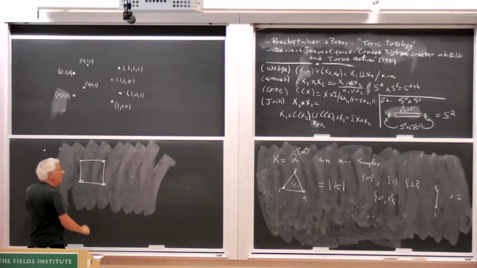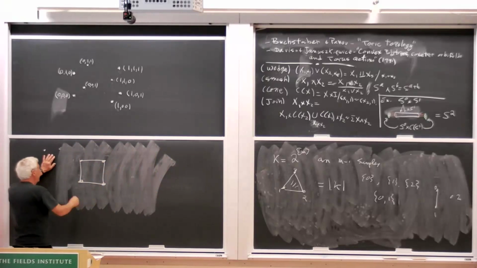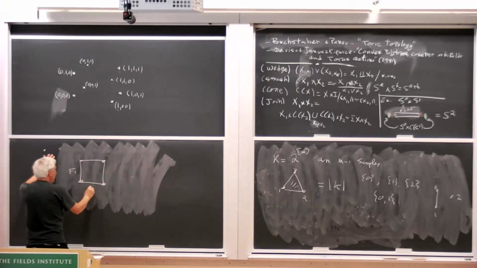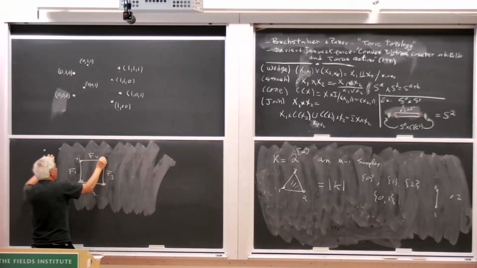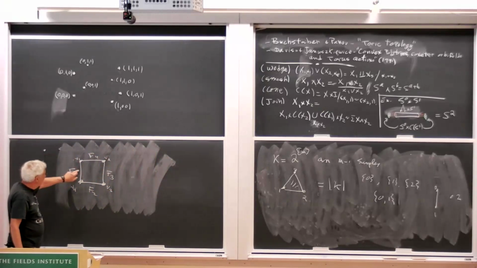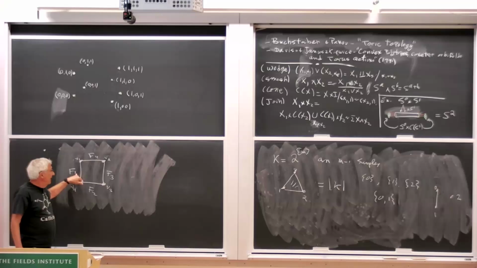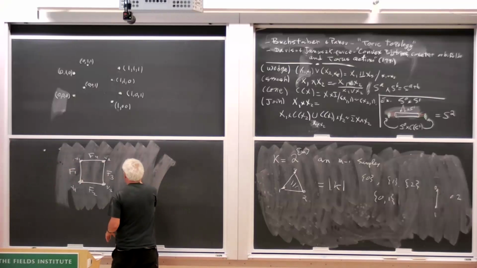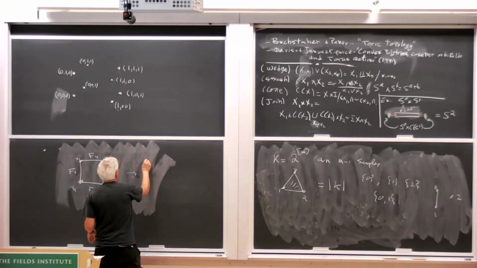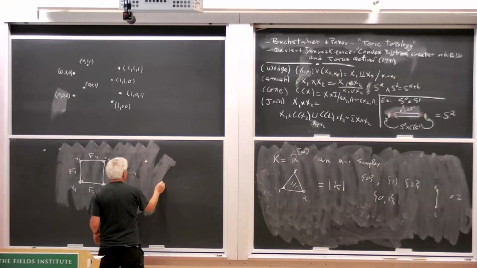The polytope, which is the square, has facets F1, F2, F3, F4, and vertices V1, V2, V3, V4. Associated to each facet, that's a codimension K face, I guess I associate that to a vertex.